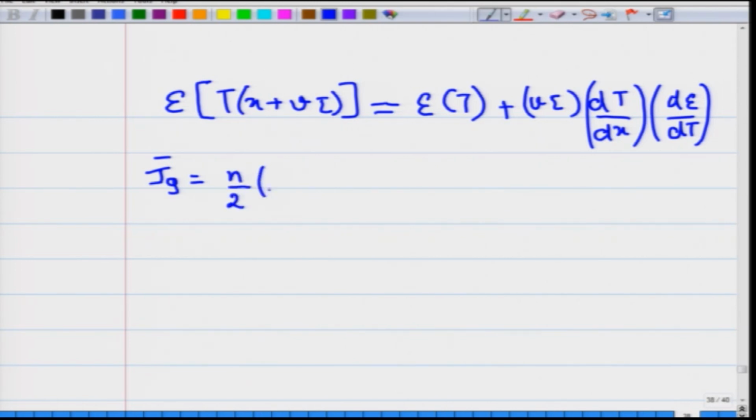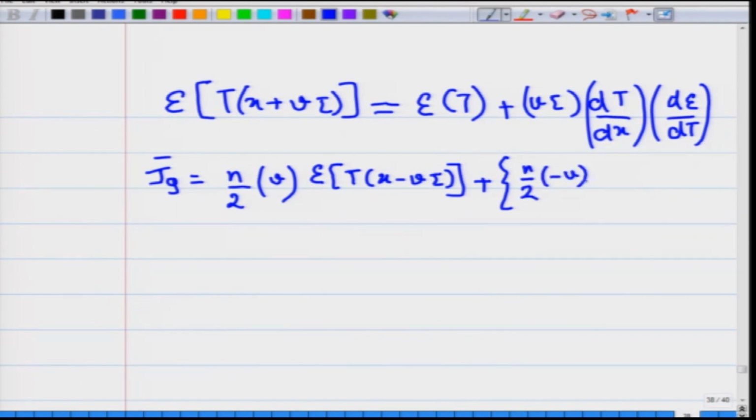One was n by 2 into V into energy of T at x minus V times tau, plus another term which was n by 2 into minus V into energy of T at x plus V times tau.